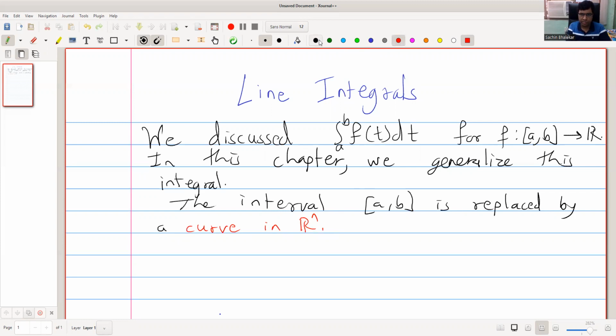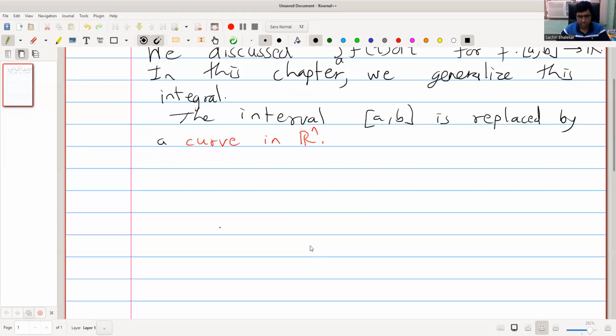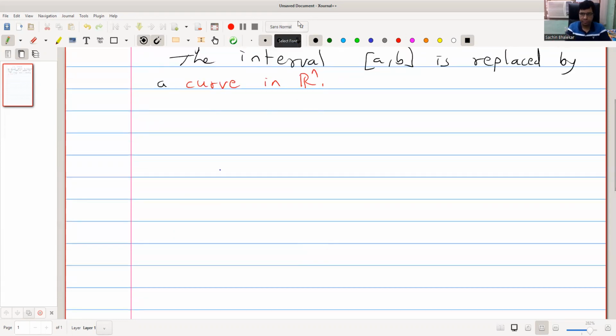Okay, let us see some basics: path and line integrals. We discuss the definition of path and then we define line integrals. So first we discuss path or a curve.